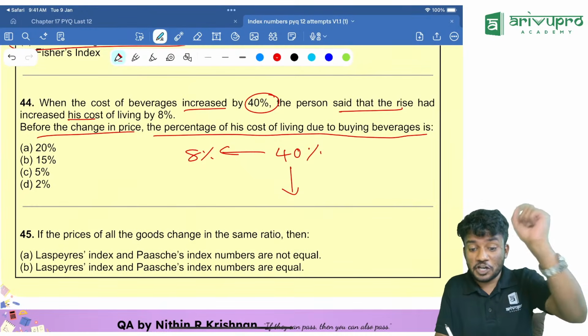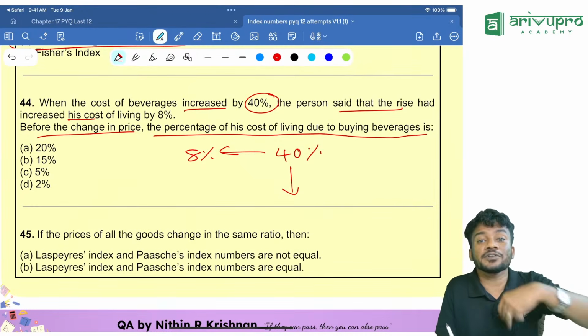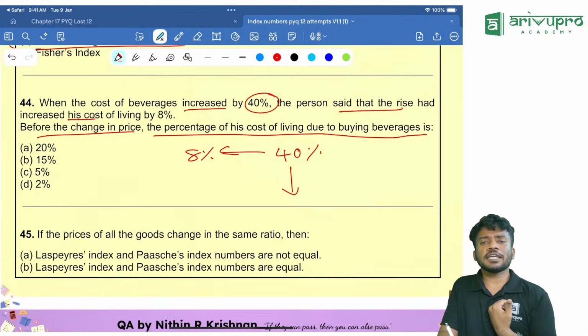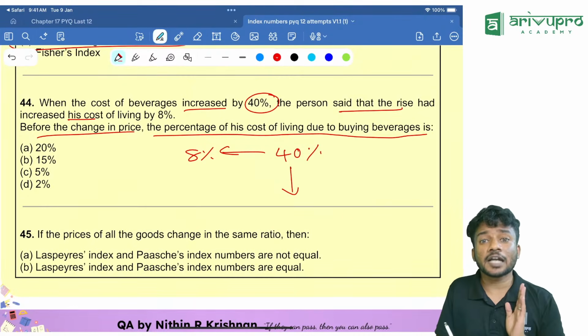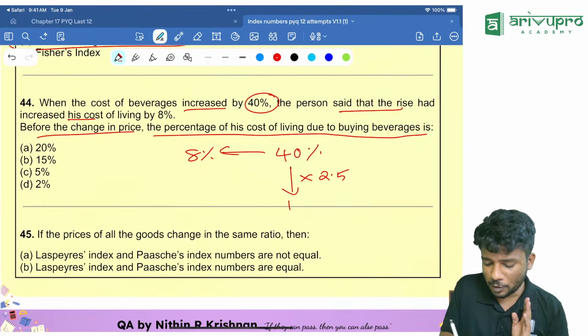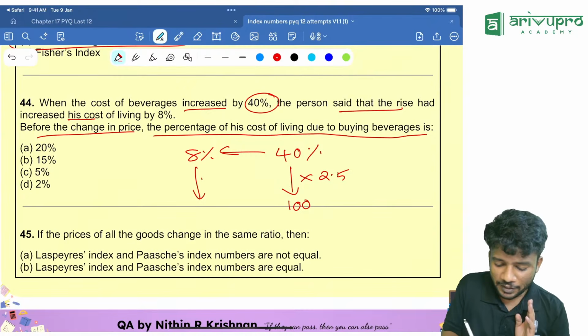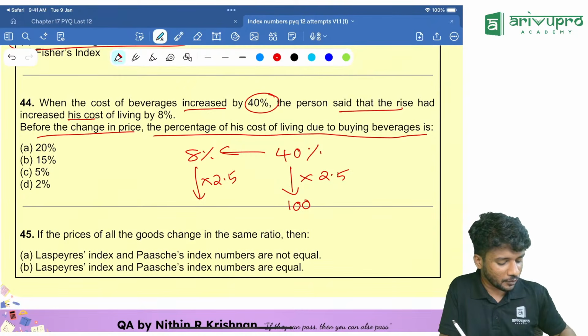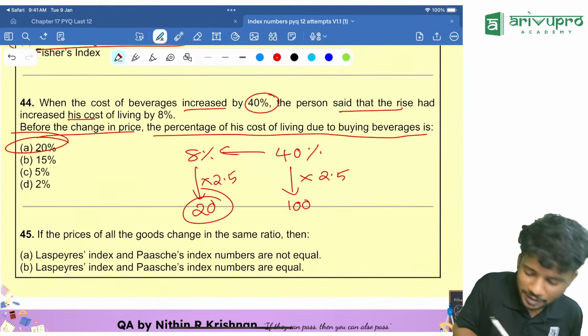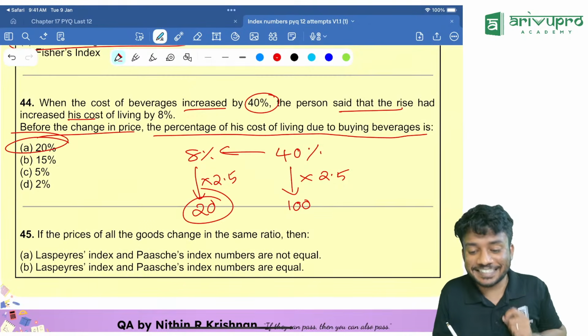This method will help you if a similar type of question repeats in your examination. If I multiply 40 with 2.5, it becomes 100. Similarly, 8 into 2.5 is 20. So the answer is 20%. This is the easiest method.